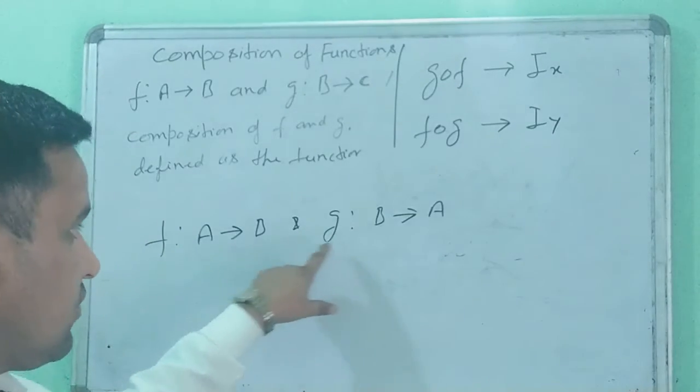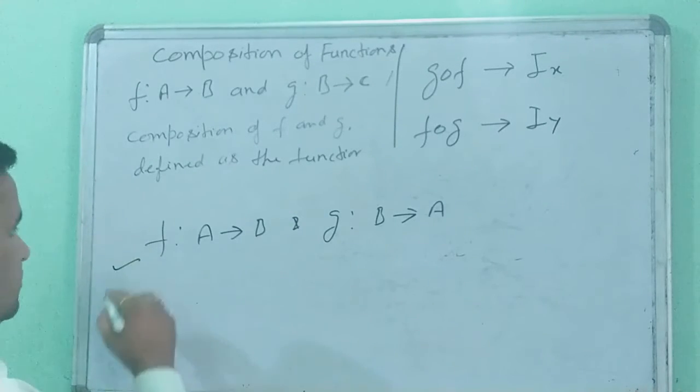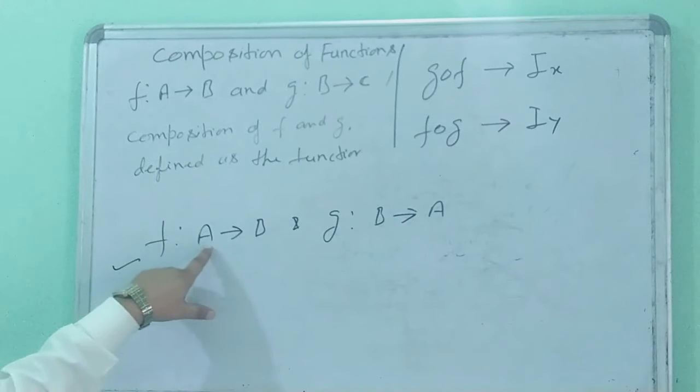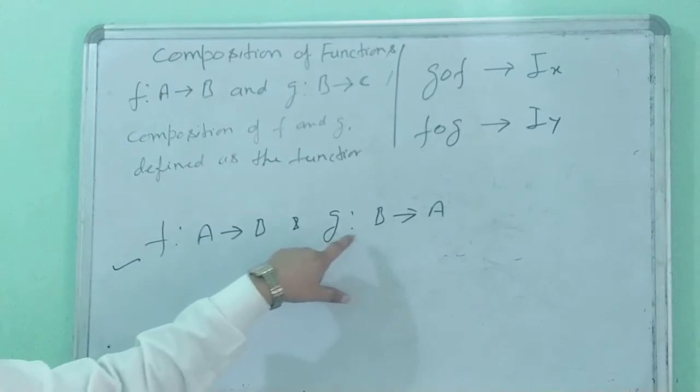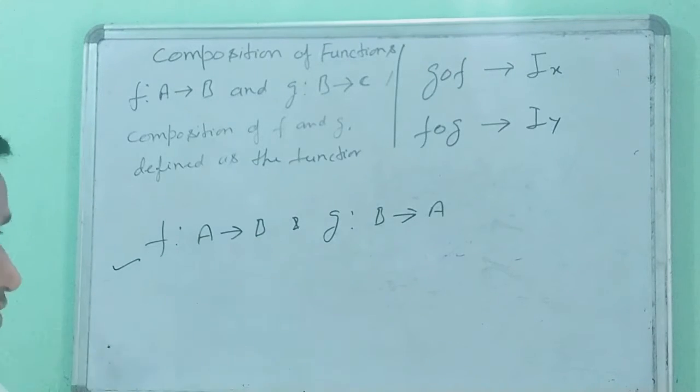Invertible function is always 1-1 and onto. So if function f is a to b and function g is b to a, then f and g are called invertible functions.